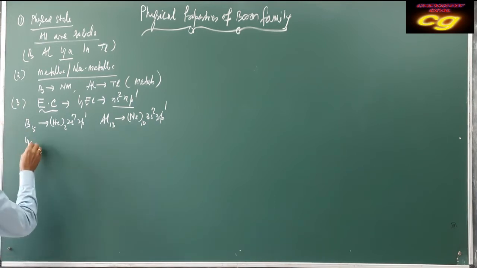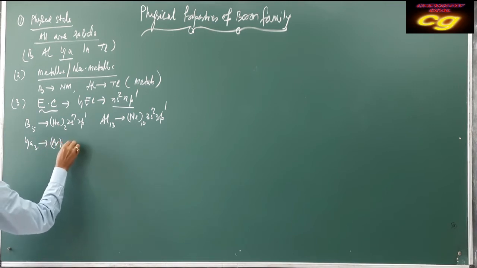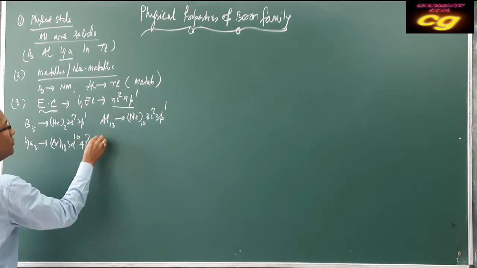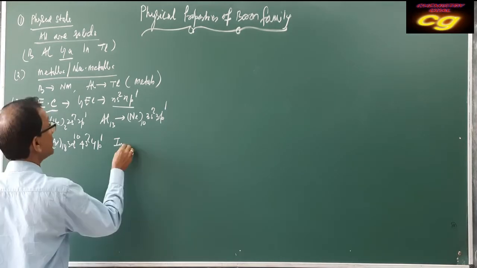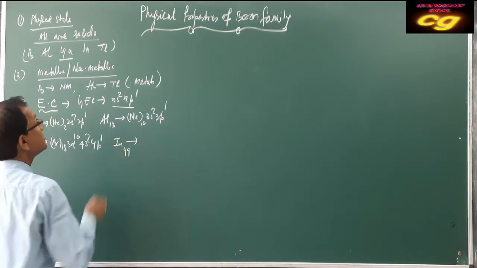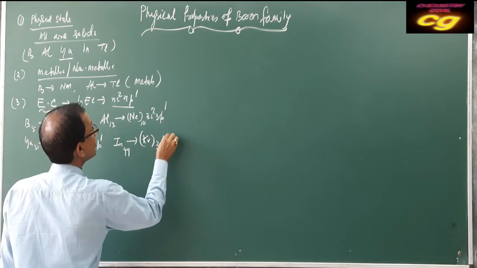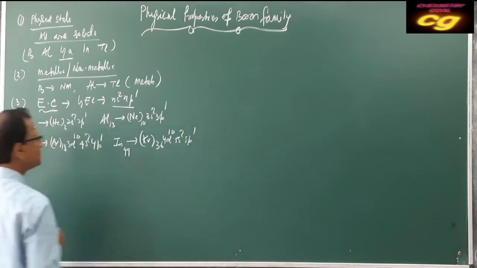Gallium 31 can be written as argon 3d10 4s2 4p1. Indium, that is 49, can be written as krypton 4d10 5s2 5p1.